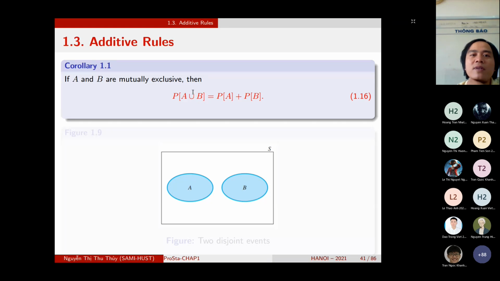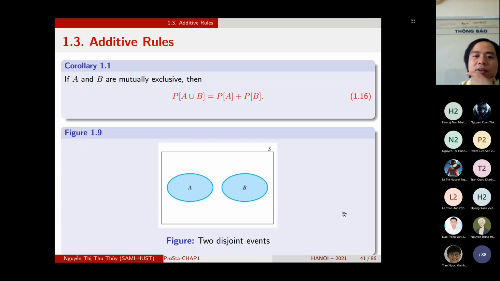Sometimes we can denote A union B by the notation A plus B. So we can say P(A+B) equals P(A) plus P(B), okay. And you can see on the Venn diagram, A and B are two disjoint events here.